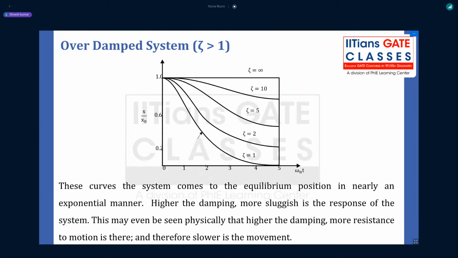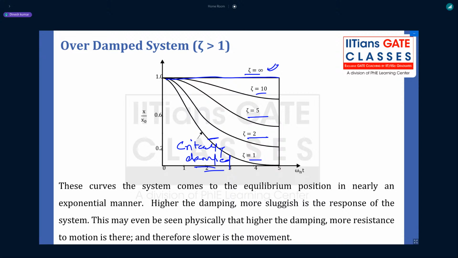And if you plot this damping part, you can see more the damping, if the damping is infinity, you have a horizontal line. The system will never come to rest. If you have more damping, it will take more time, and the least time is when it is critically damped.